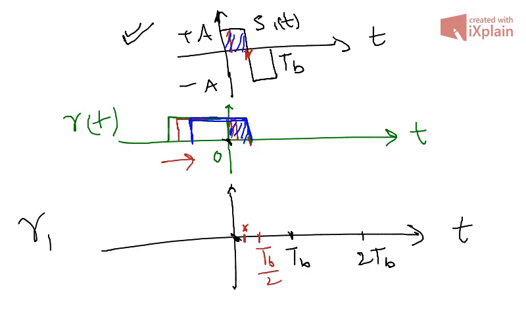You would get some greater value here. You can always evaluate it, the exact number. So you would get some value at Tb over 2.